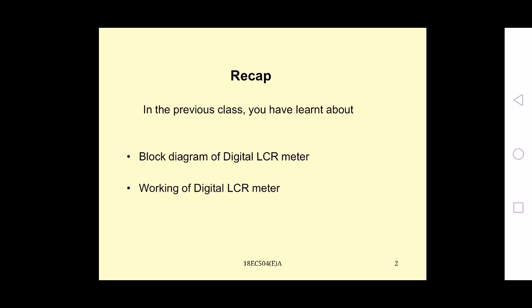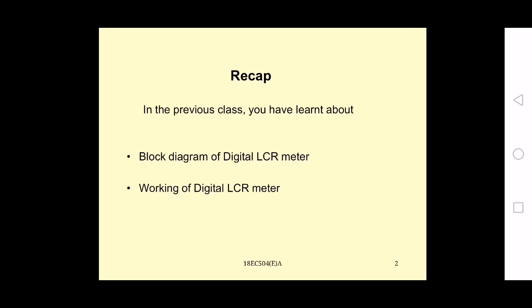So at that point, your resistance will be 1 by conductance. So when we are measuring the high resistances, it will give the conductance. For measuring the resistance, we are converting R equal to 1 by G. Like that, we have discussed in yesterday's topic of the working of the digital LCR meter.